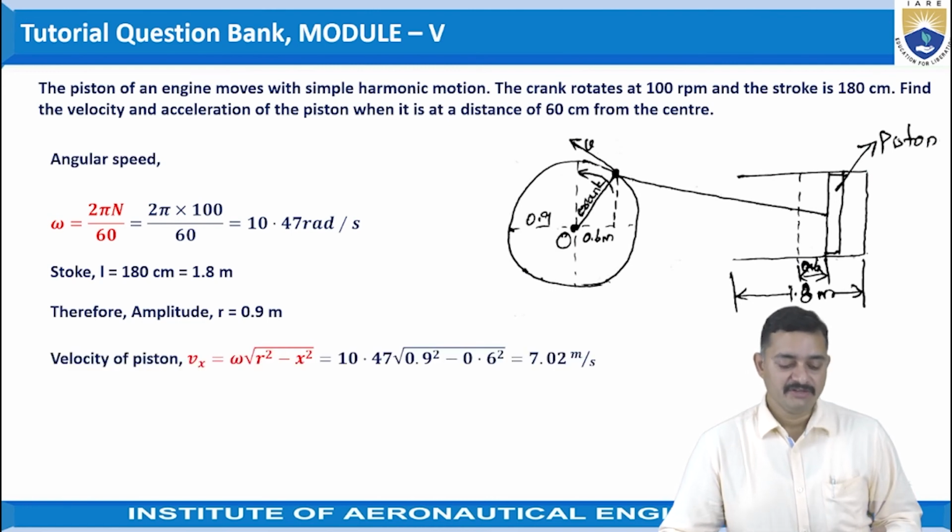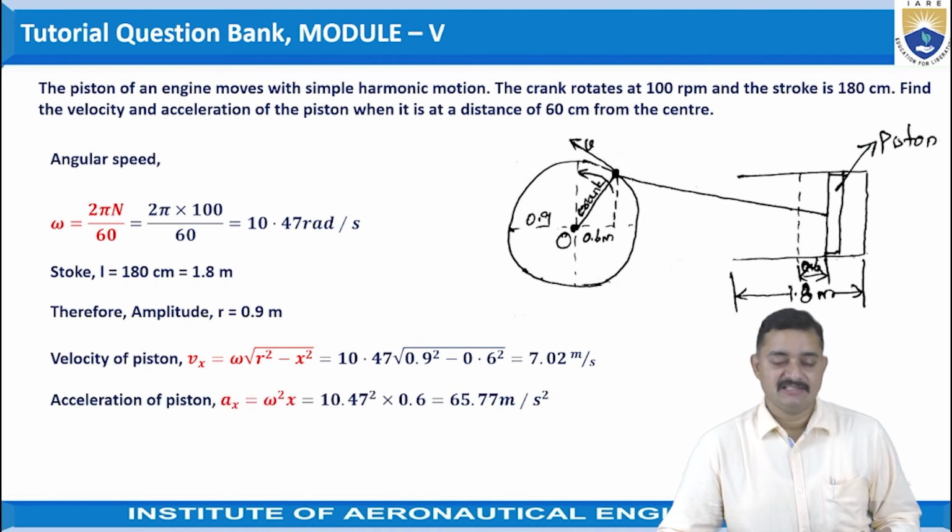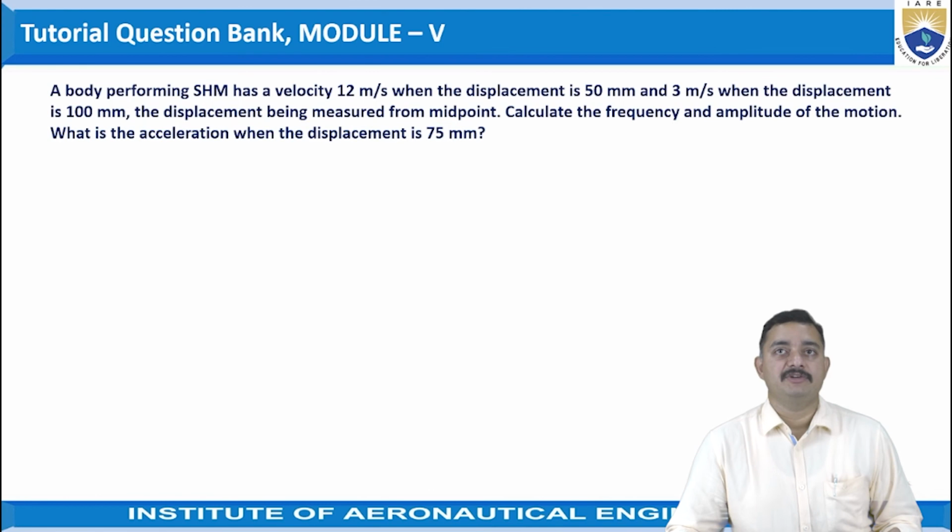Then the velocity of the piston is given as Vx is equal to omega under root r square minus x square, that is equal to 10.47 under root 0.9 square minus 0.6 square, that is equal to 7.02 meters per second. Hence the acceleration of the piston is taken as Ax is equal to omega square x, and that is 10.47 square into 0.6, that is equal to 65.77 meters per second square. Now coming to the next problem.